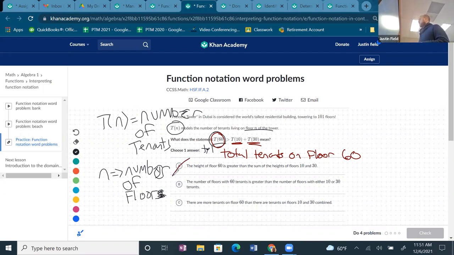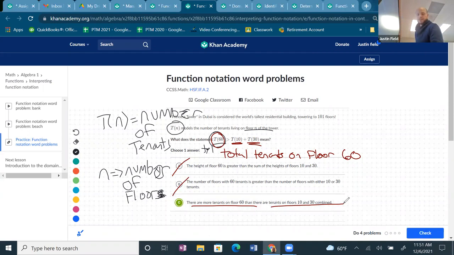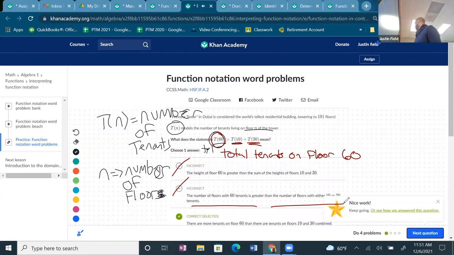No. The number of floors with 60 tenants? No. It's the tenants on floor 60. There are more tenants on floor 60 than on these two combined. All right, moving on.